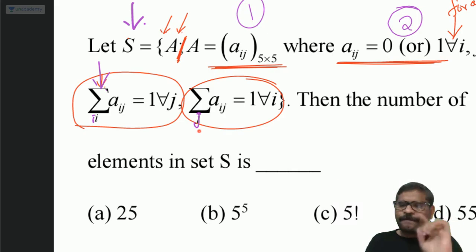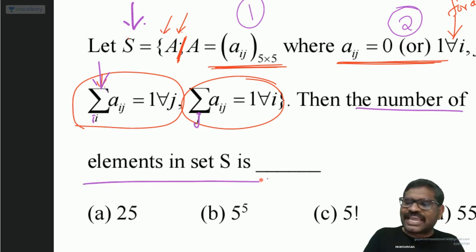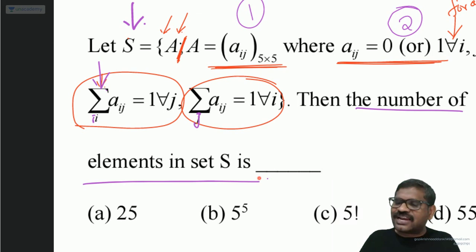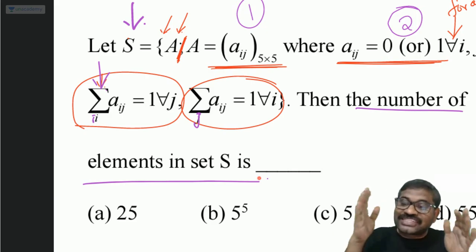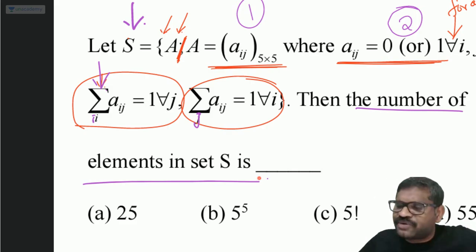Okay. Now, how many elements are in set S? Every element is a matrix, so how many different matrices are in set S? 25, or 125, or 625, or which one? I would like to explain.